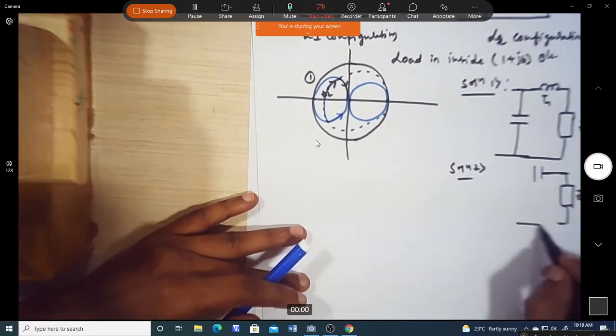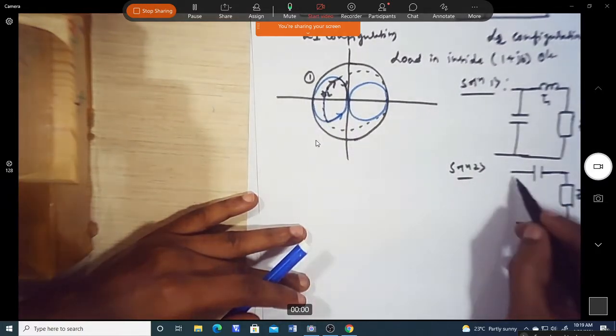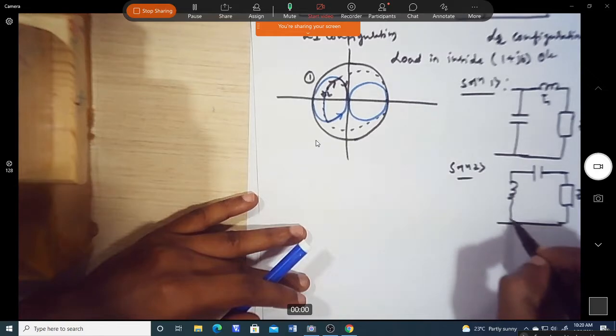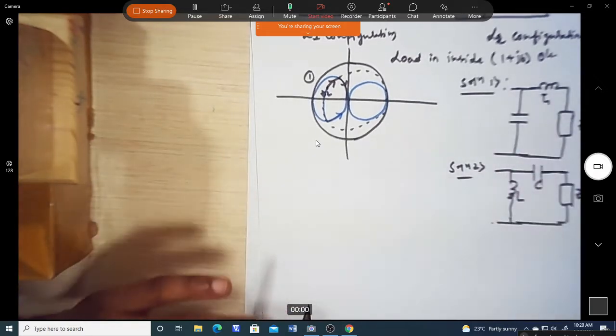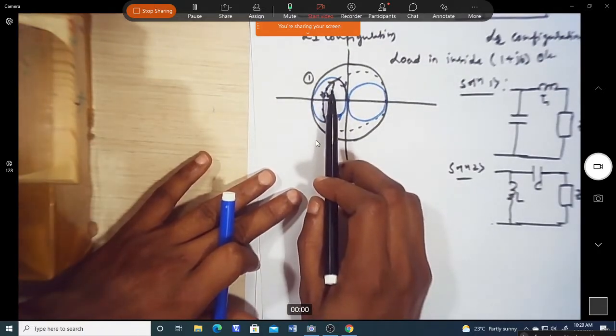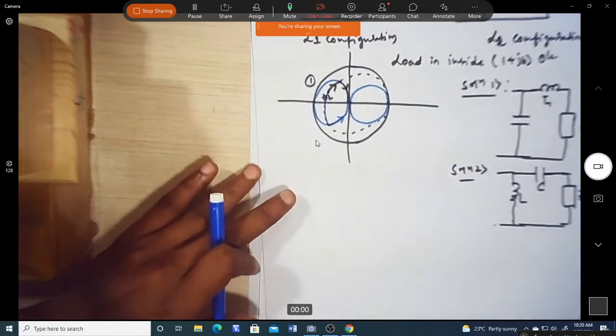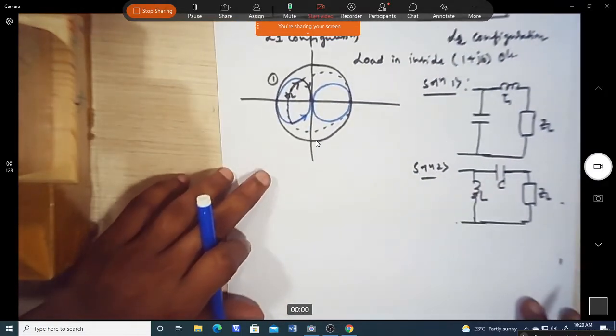Similarly, moving on the conductance circle upwards, we have the shunt L. So these are the two solutions which exist for the load located inside the 1 plus jB circle, or unity conductance circle.